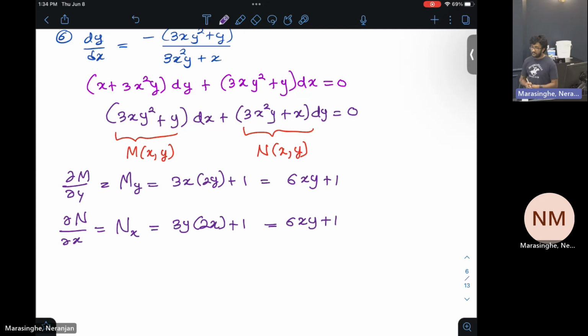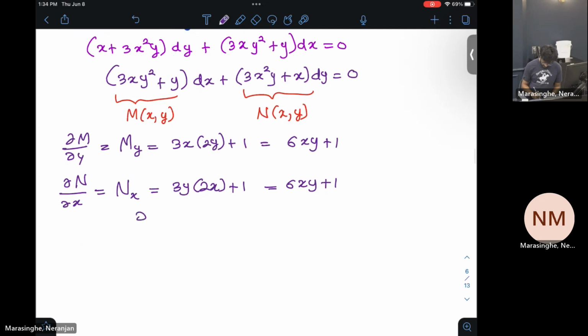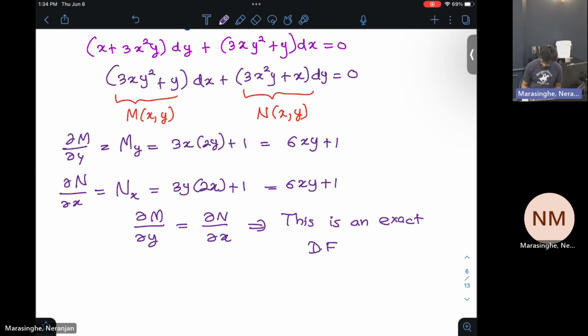Hence, this is an exact differential equation. Partial M over partial y is equal to partial N over partial x.